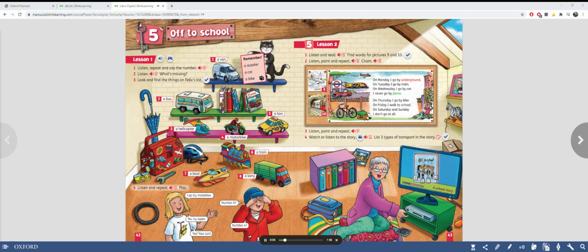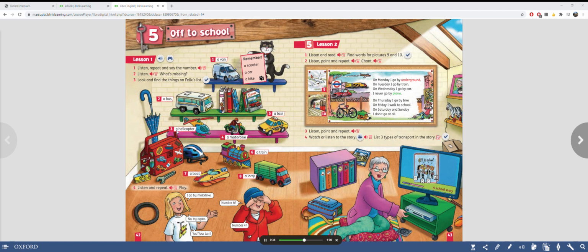A lorry. A taxi. Number 5. A motorbike. Number 4. A helicopter. Helicopter is the number 3.